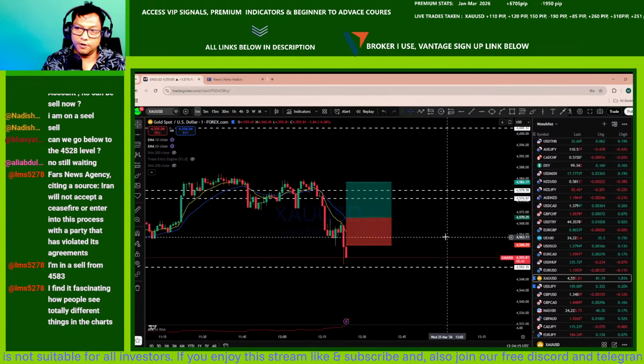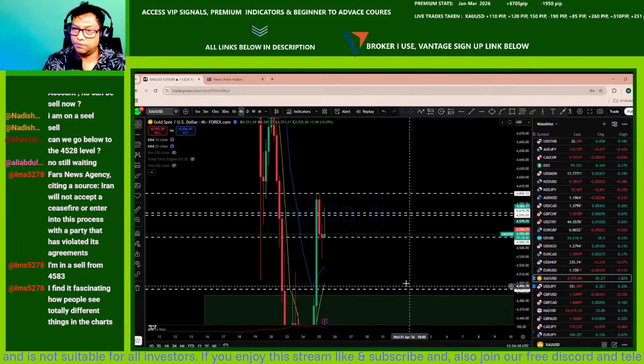So if it continues to drop here, I'm not looking at entry yet, because this is the 4-hour support the market has reached.